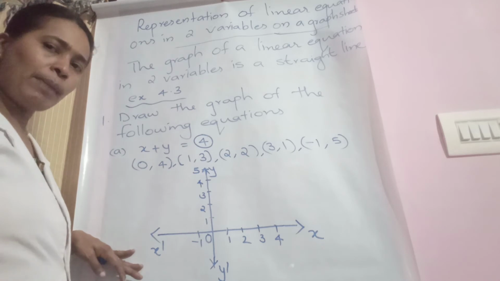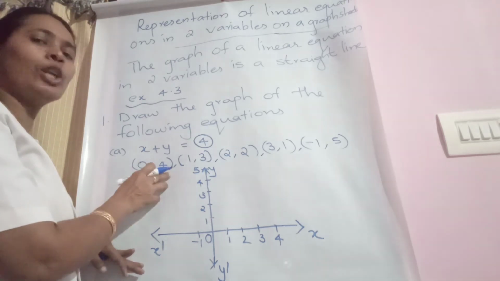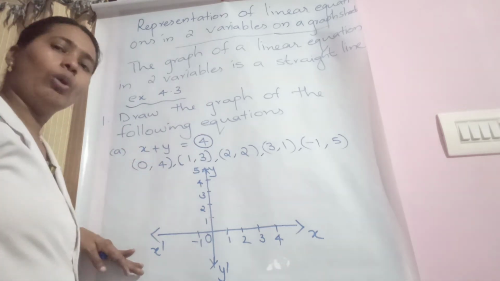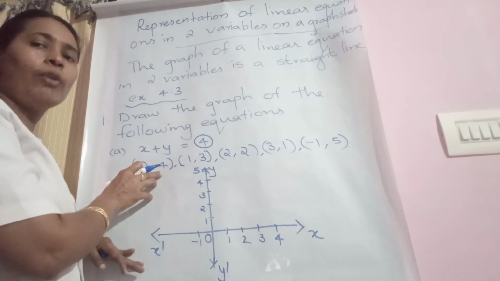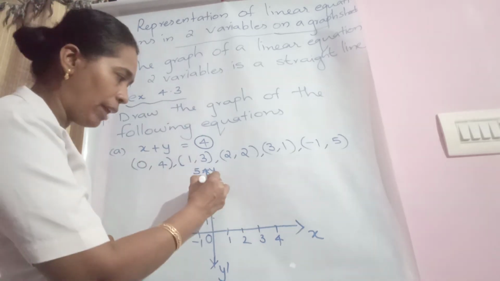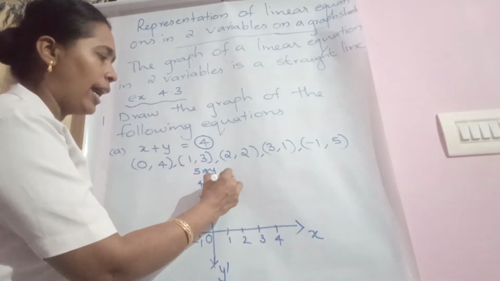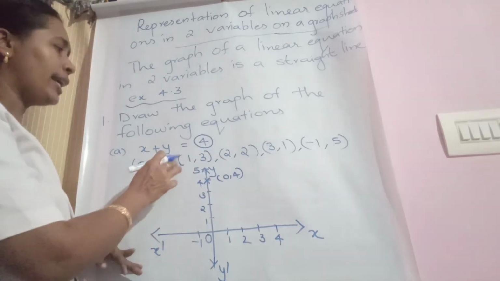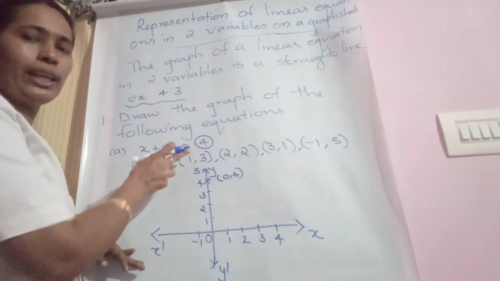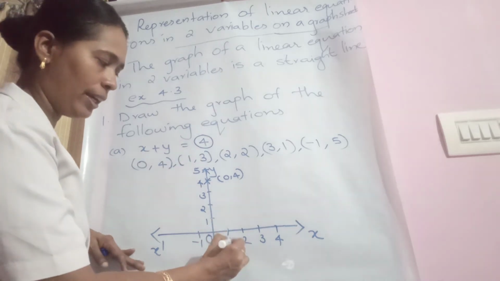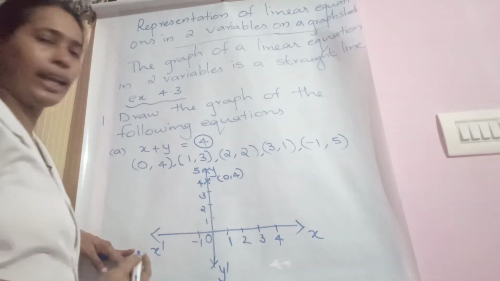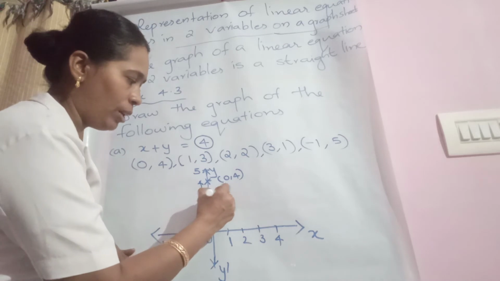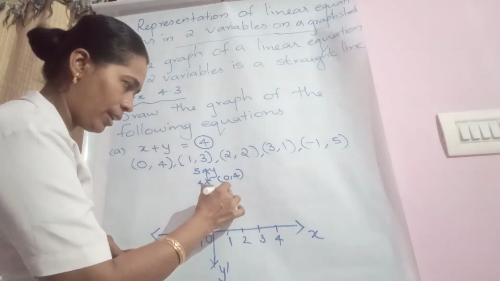Okay, let us start marking. First one is 0, 4. With x as 0, only y equal to 4 exists, and y equal to 4 is here. In brackets you can write 0, 4. Finished. Second one, 1, 3. x is 1, y is 3. Where do they intersect? Those who have doubt, teacher will draw like this.